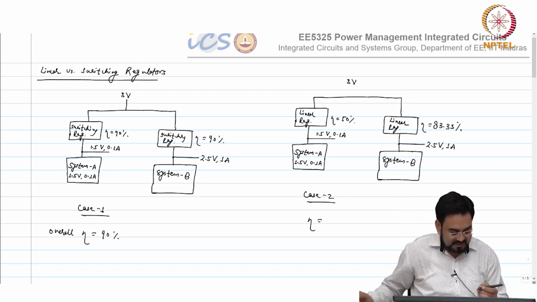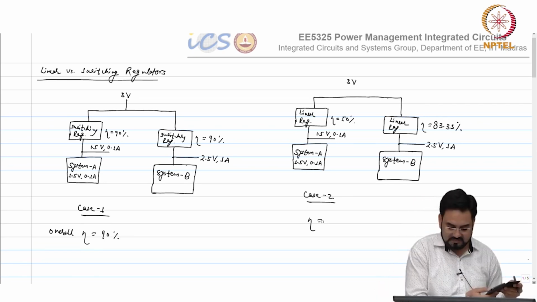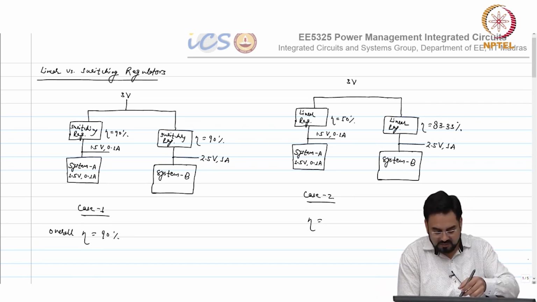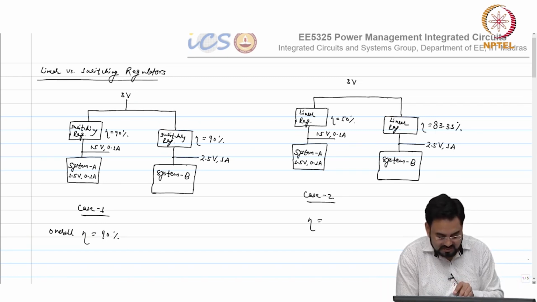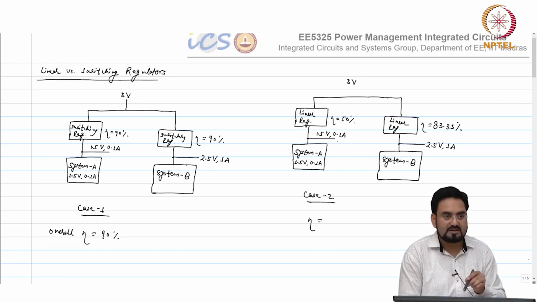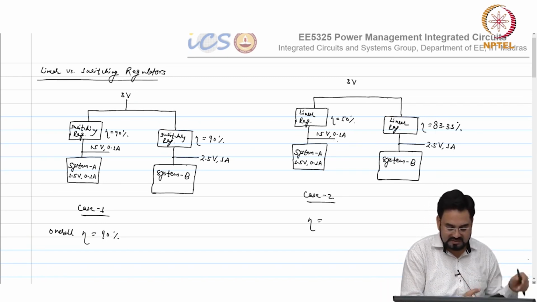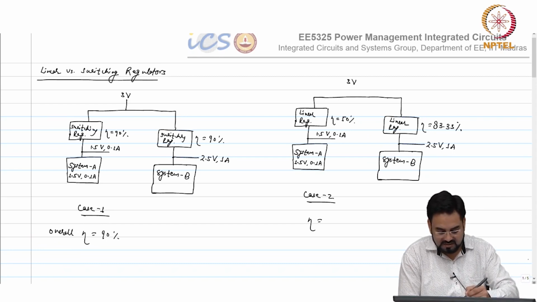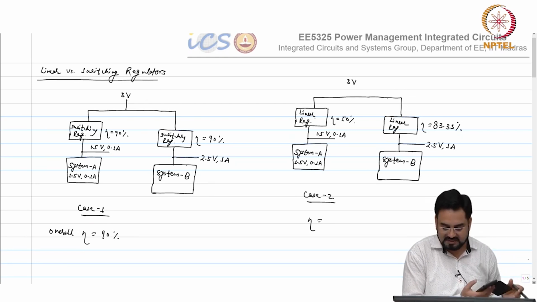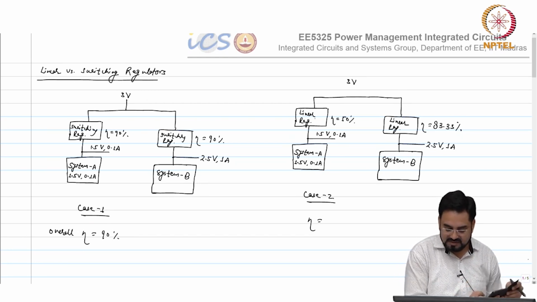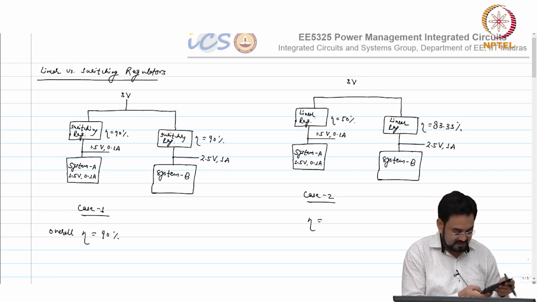So let us see what the total efficiency is here. Here we are losing 150 milliwatt, so the total power in this left hand branch is 300 milliwatt. And the total power loss here is 0.5 into 1, so 500 milliwatt we are losing there.